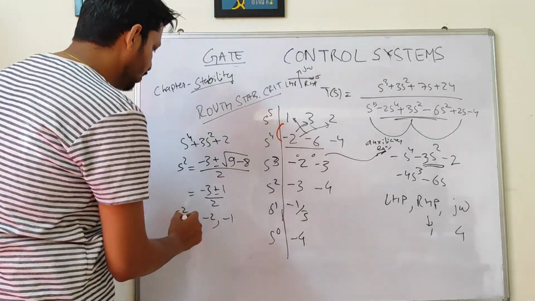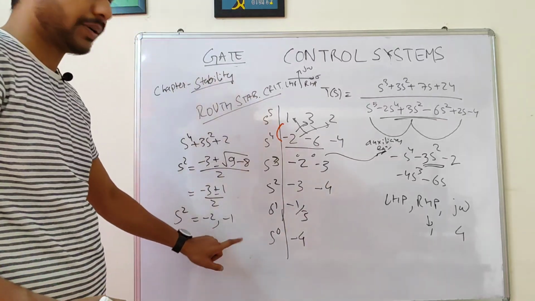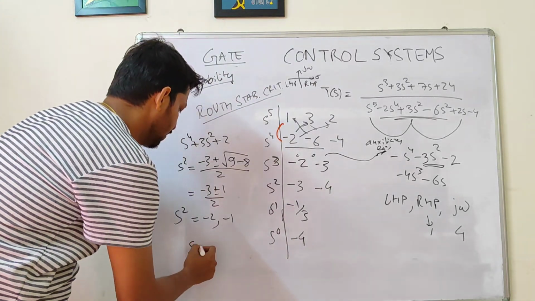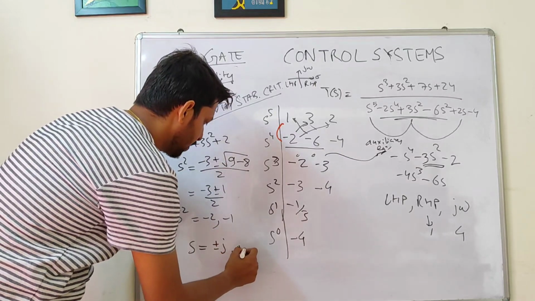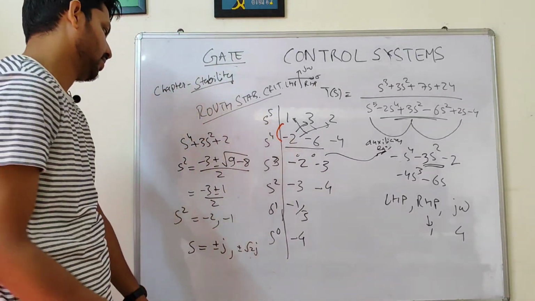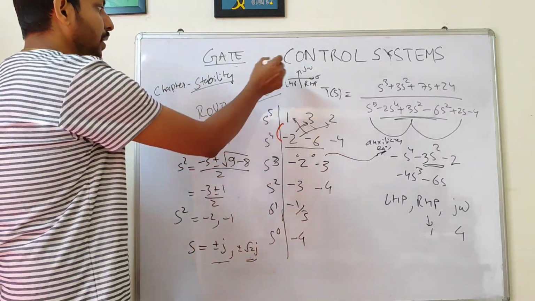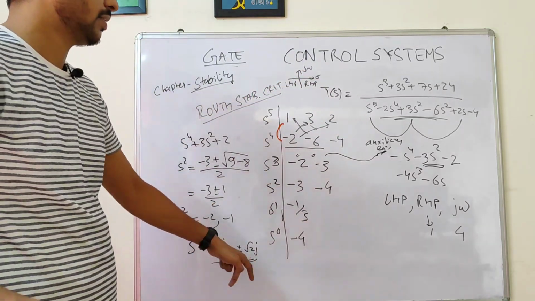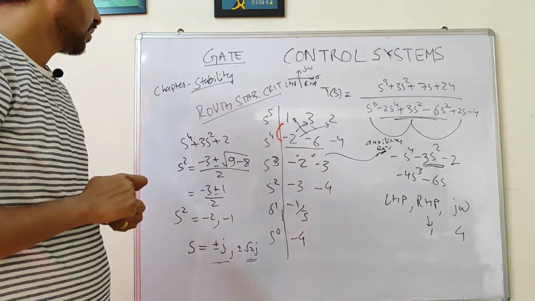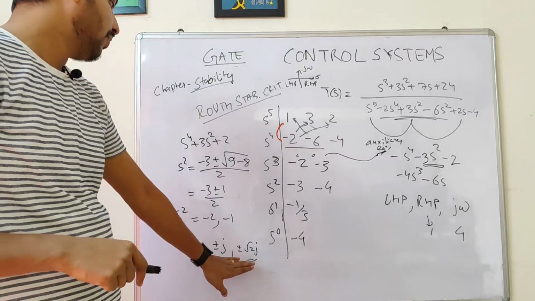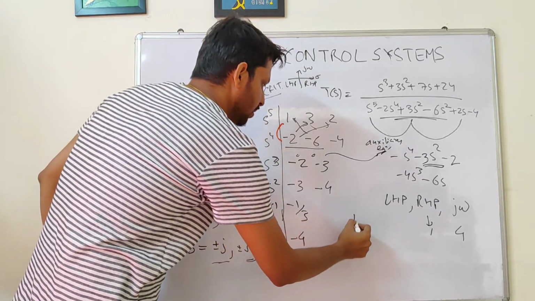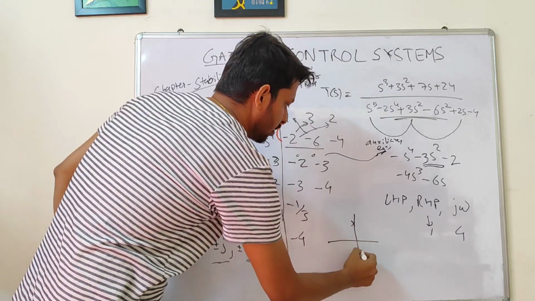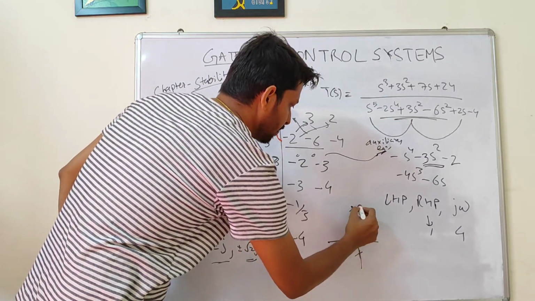So s square is equal to -2 or -1, which basically means there are roots at plus minus j and plus minus square root 2 j. So these lie on the j omega axis. So these are the 4 roots. So we actually found the location also, not just where it lies.